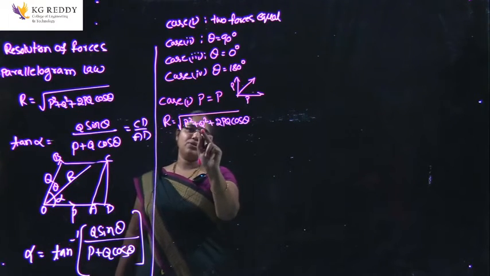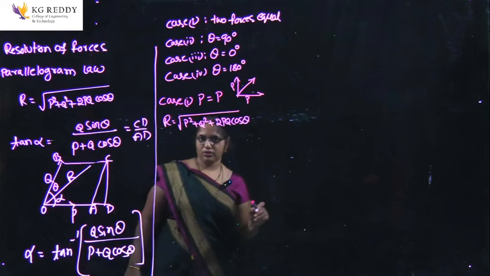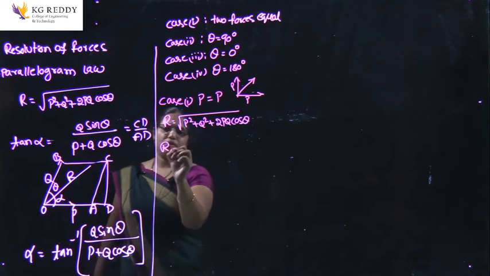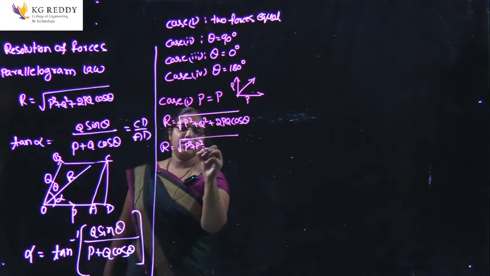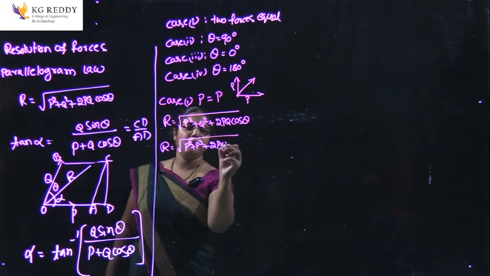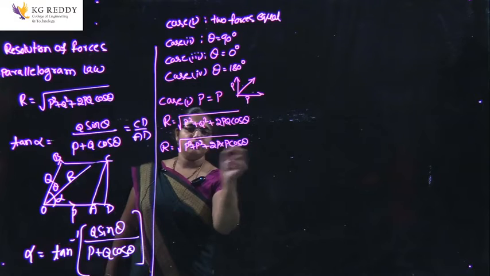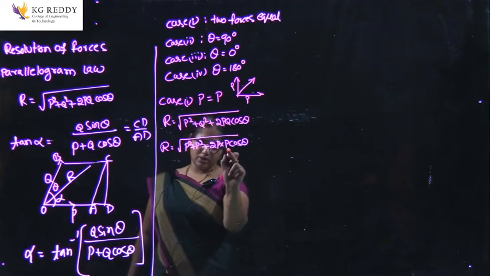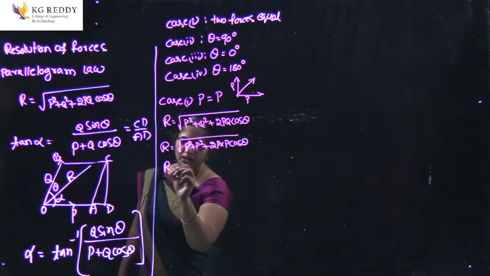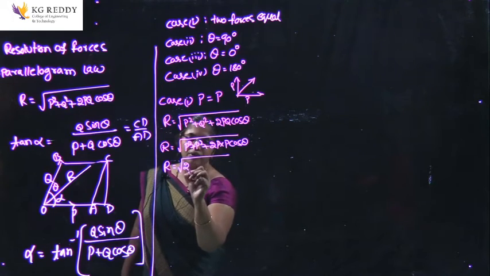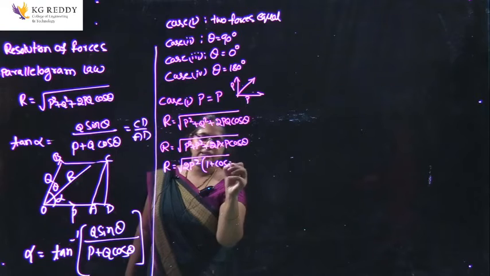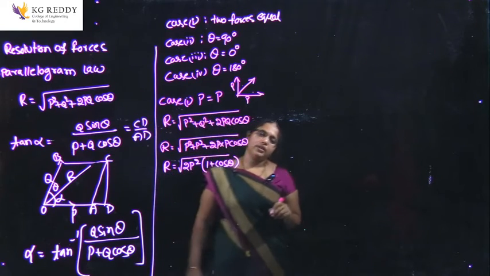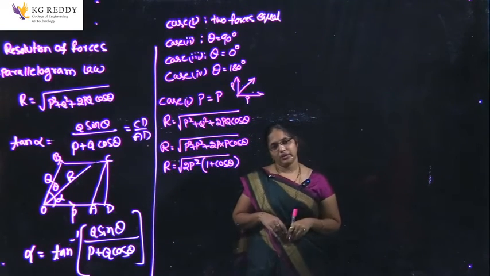Now substitute the same value in the two places. Therefore, R equals P square plus P square plus 2P into P cos theta, so 2P square plus 2P square cos theta, with a common element. Therefore, R equals under root of 2P square into 1 plus cos theta, right. How do we write the 1 plus cos theta value in trigonometry?